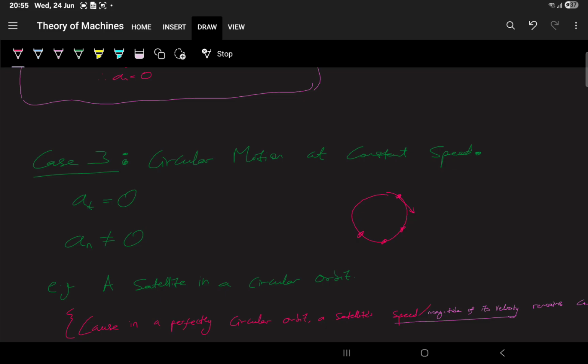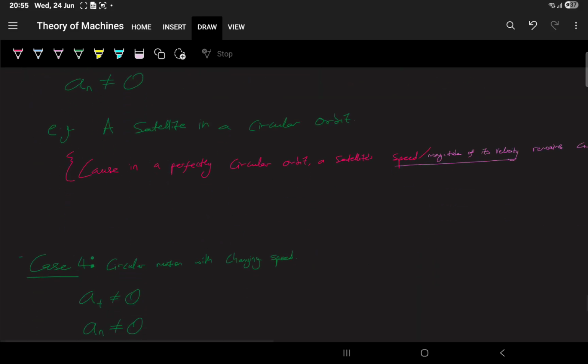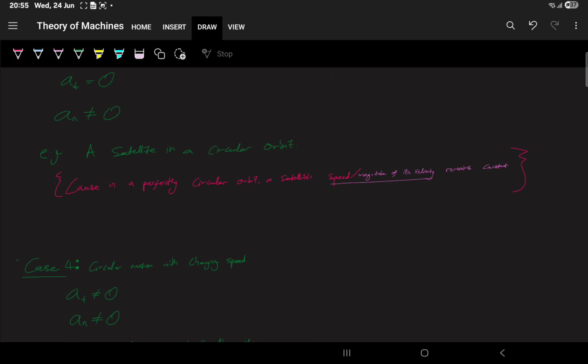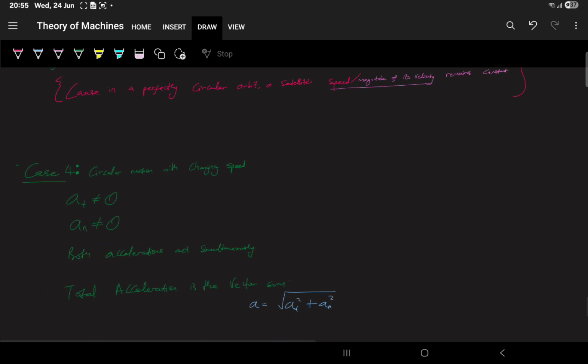Now because we have a constant velocity, tangential acceleration will be 0. But because this is a circular motion, a radius of curvature will be there, hence normal acceleration will not be 0. Example, a satellite in circular orbit. Here's a judgeable note again.